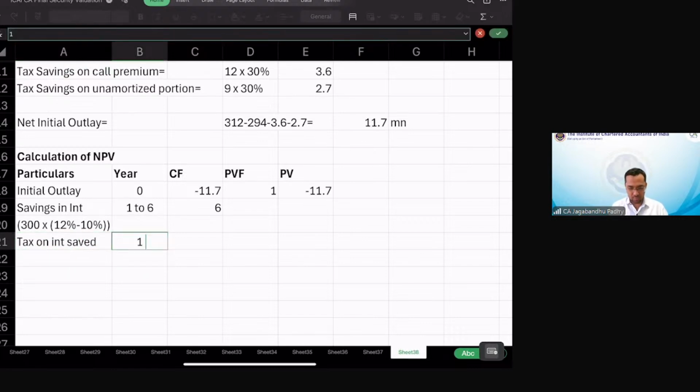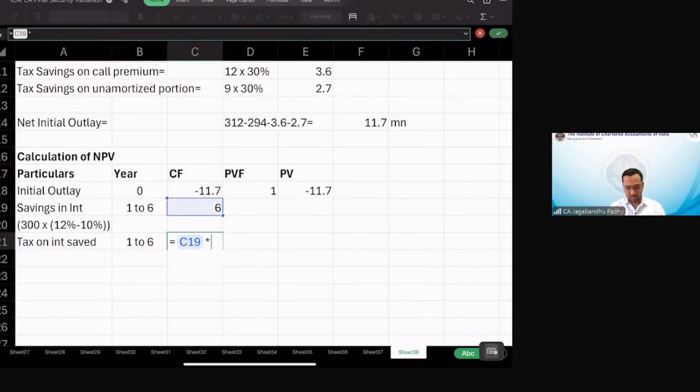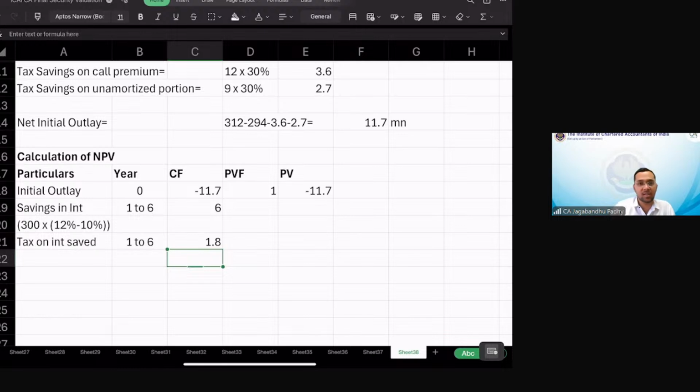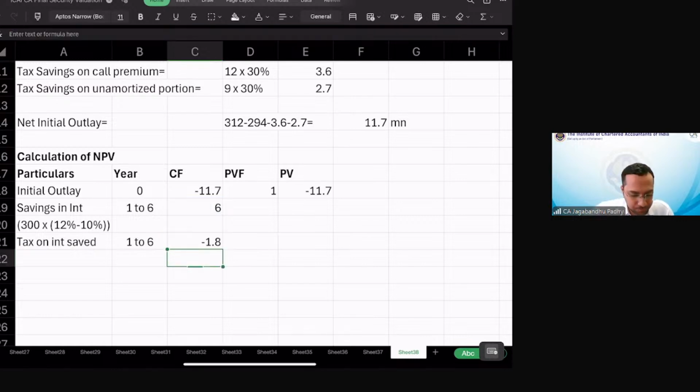Again, this will be from year 1 to 6. What will be the savings in interest? Can I say 6 rupee multiplied by 30%? So can I say 1.8 will be the tax expense due to the reduction in the interest expense that you're saving. Due to that, you're going to pay tax. So of course, this is going to be your cash outflow. Correct, guys? 1.8 will be your cash outflow.